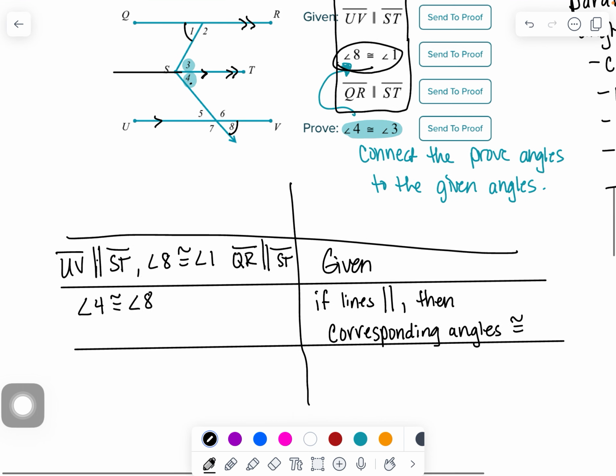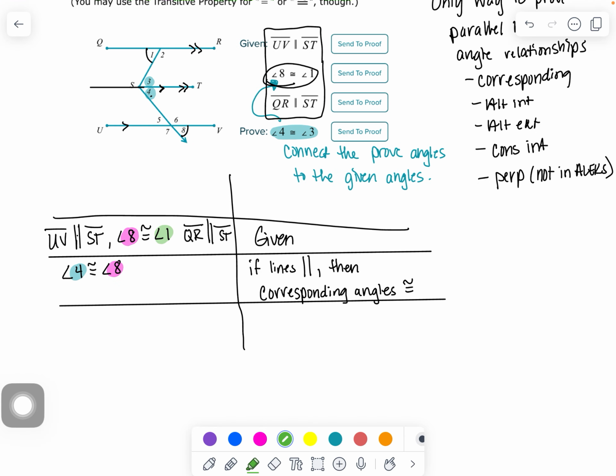There we go. Okay. Then we want to bring in angle 3. Let's see. You know what? I'm going to go ahead and link these. Can you see this? I've got 4 going to 8. And then 8's up here. And then there's 1. That's a transitive link. 4 equals 8. And 8 equals 1. We talked about transitive, didn't we?